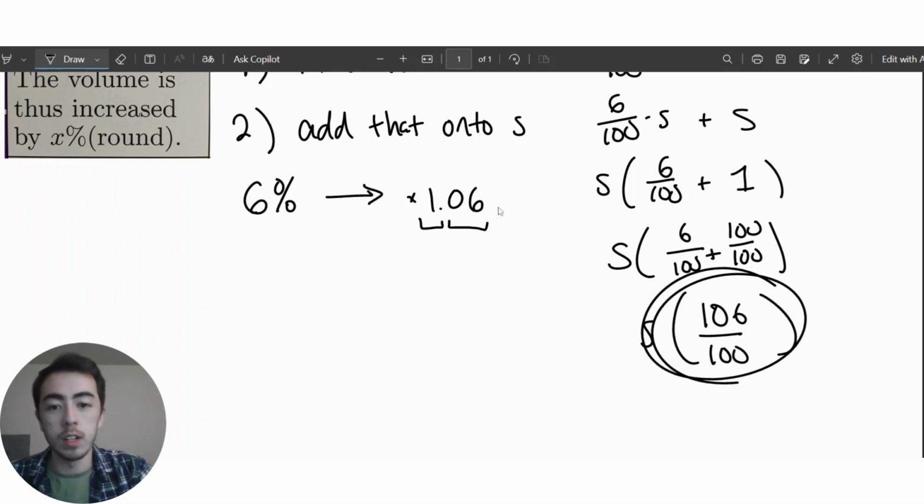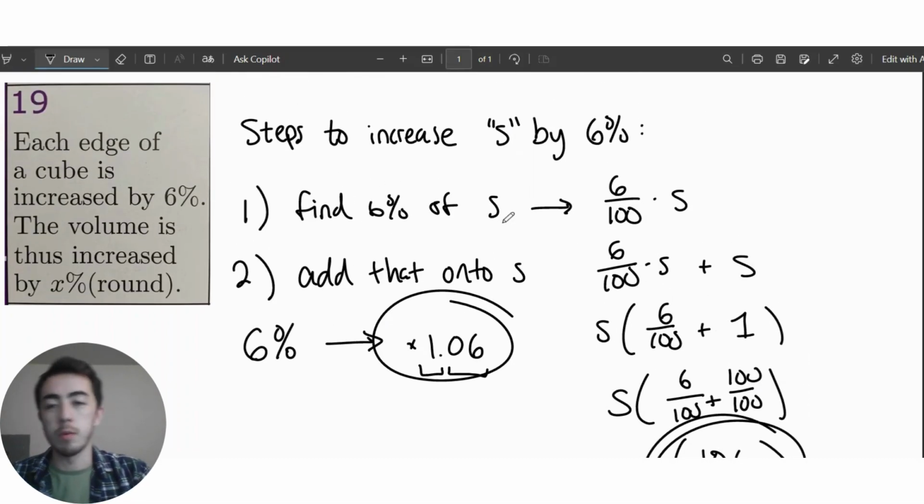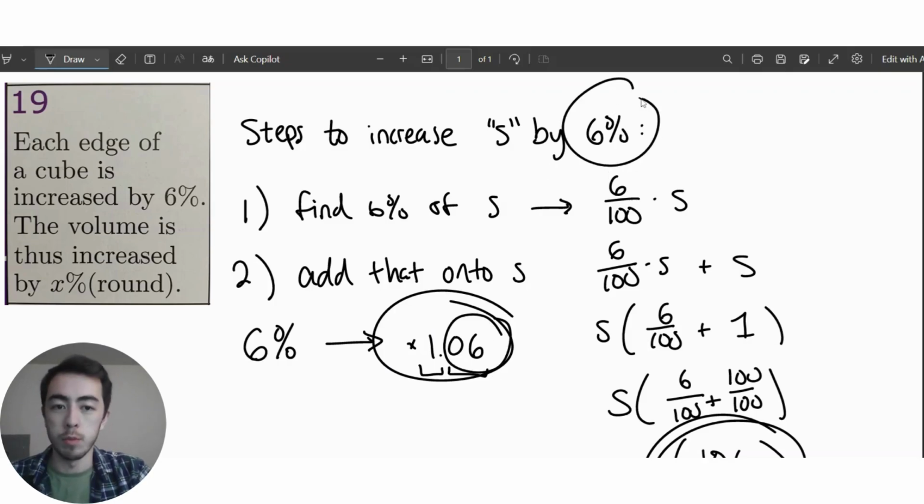This number right here is 1.06. So instead of thinking about a two-step process, to increase something by 6%, the quick way is to multiply by 1 point and then the decimal version of your percentage. And 6% is the same as 0.06.